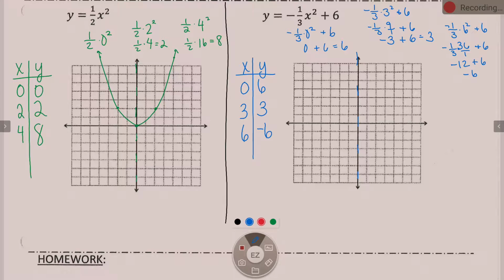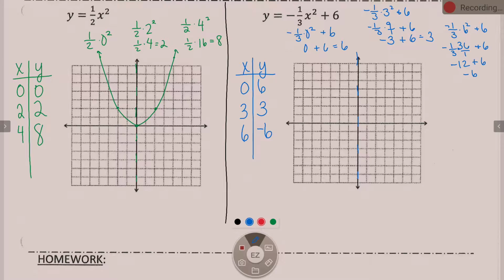Okay. Yep. What can you predict about this graph? Well, it's going to be that and upside down. Okay. Do you know what this plus 6 does to the graph? Oh, well, it's still going to be fat and upside down. Let's look at what the plus 6 does. Let's graph them.